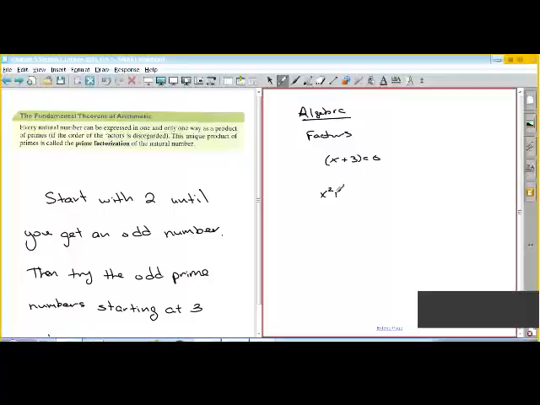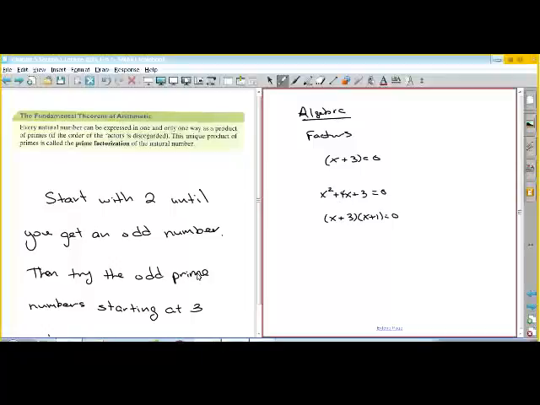If you had a second order equation, like x squared plus 4x plus 3 equals 0, so it's a quadratic equation, you can factor that as x plus 3 and x plus 1 equals 0. And likewise, you can do that with higher order algebraic equations. You can factor them all.